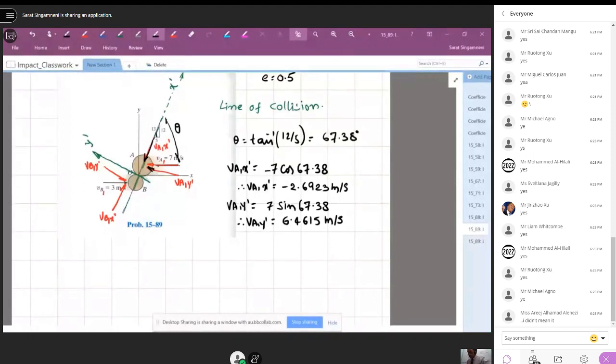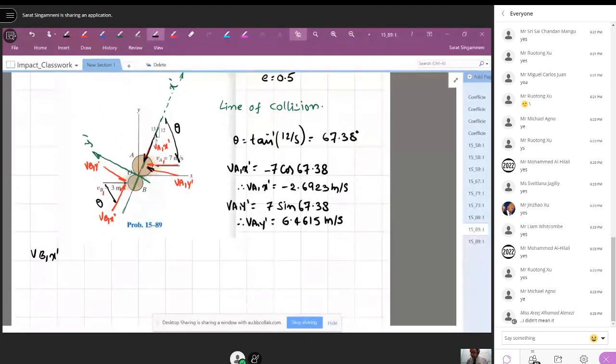Similarly, we get initial components of velocities for B, which is VB1 x dash. So what is this angle? If this is theta, this is theta, because the VA1, VB1 are parallel, and x dash axis is at theta angle with VA1. So it will be a theta angle with VB1 too.